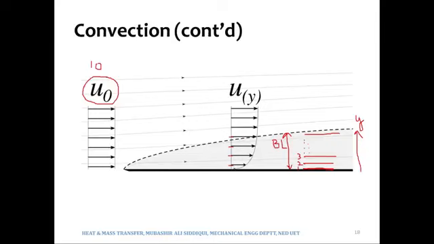So velocities are increasing in y direction, which means that when we are moving away from the plate, the velocities are increasing, and ultimately the velocity will become 10 meters per second, or the free stream velocity.